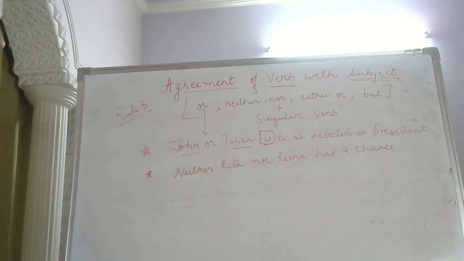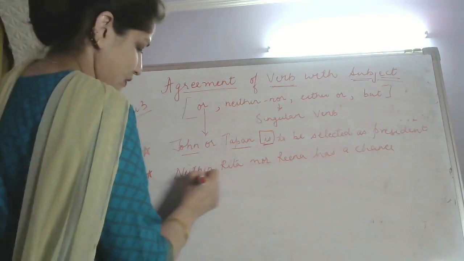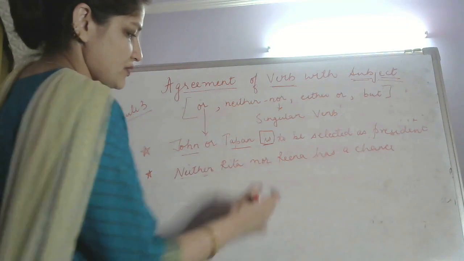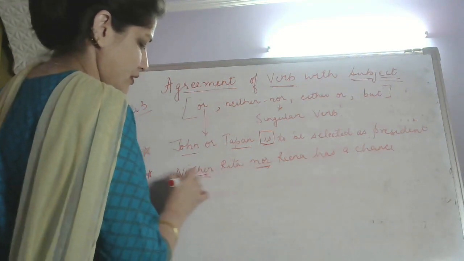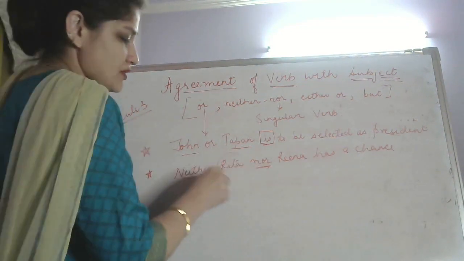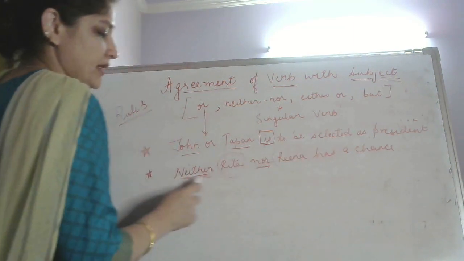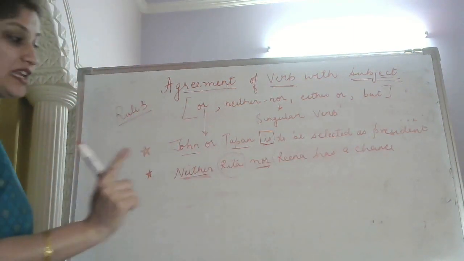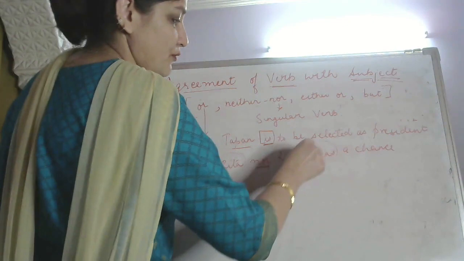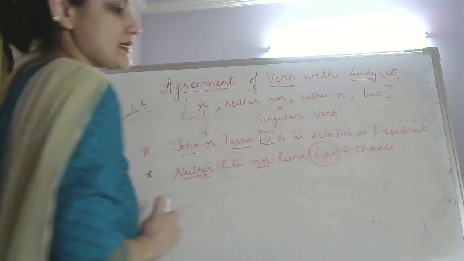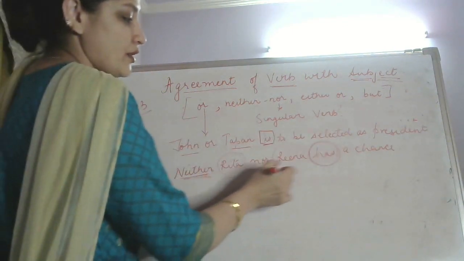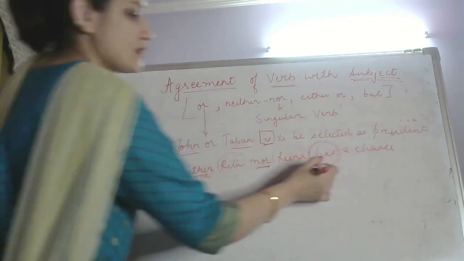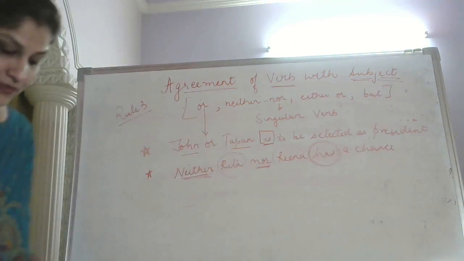Right? You can see that. Now there are two names, Rita and Rina, but they are joined by neither nor. That means any one of them. So therefore the verb is singular, has. So neither Rita nor Rina has a chance. So singular verb.